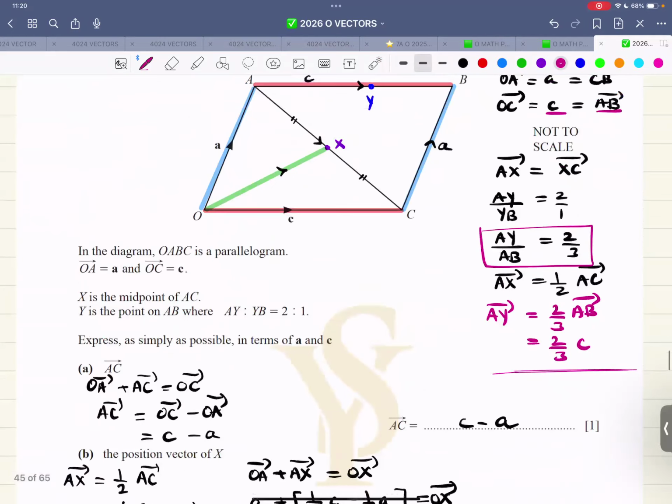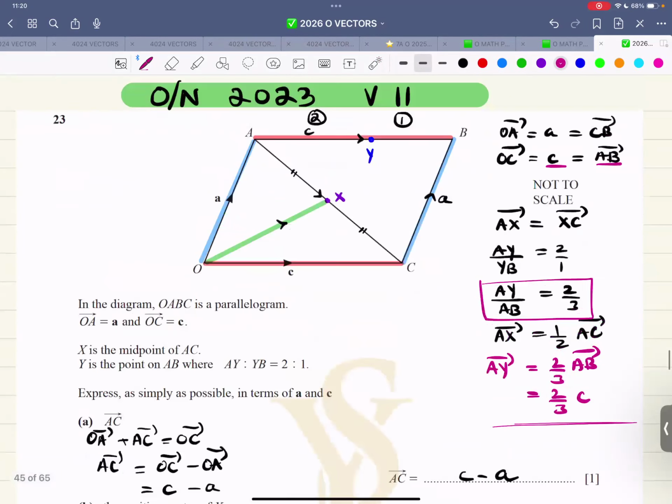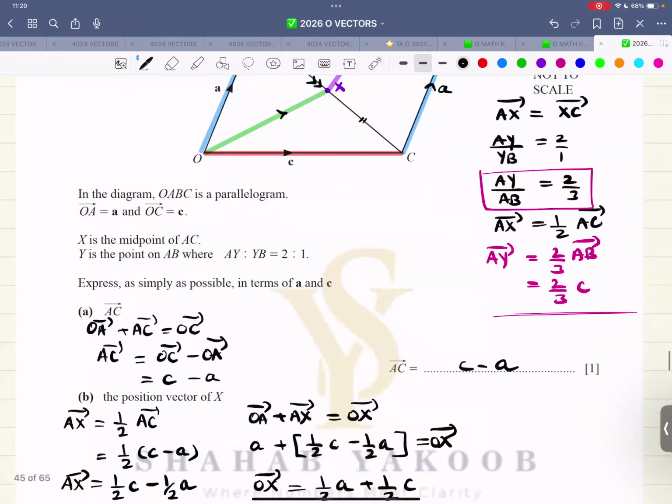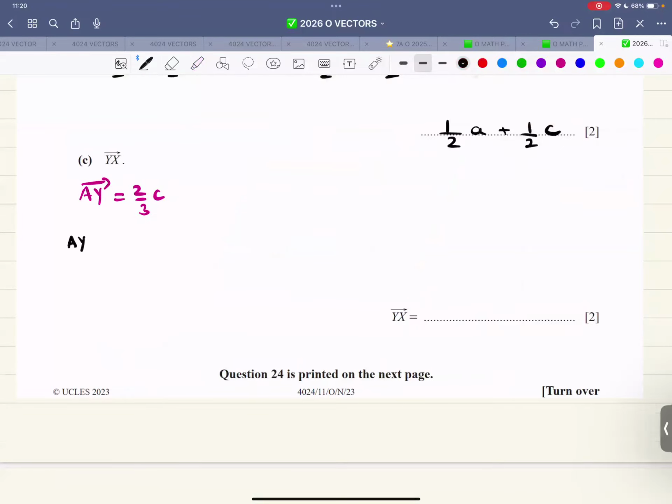And what am I looking for? I'm looking for YX. So now this is the route. AY till YX is equal to AX. Let me draw a line. AY plus YX is equal to AX.